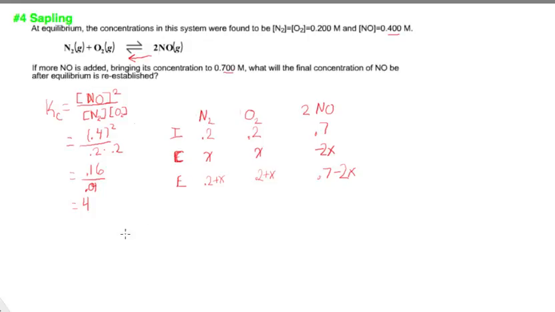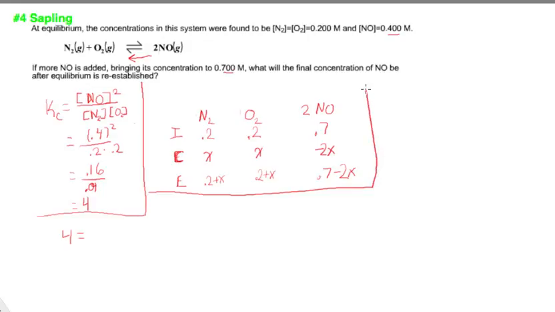So now we solve for x. We know that our equilibrium constant is 4. So 4 equals 0.7 minus 2x, the quantity squared, over 0.2 plus x times 0.2 plus x.